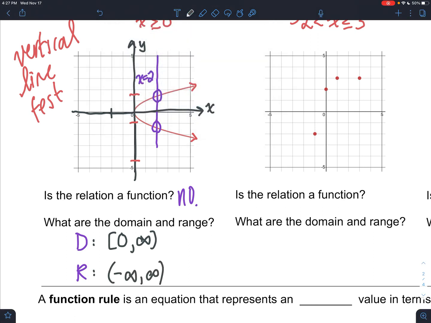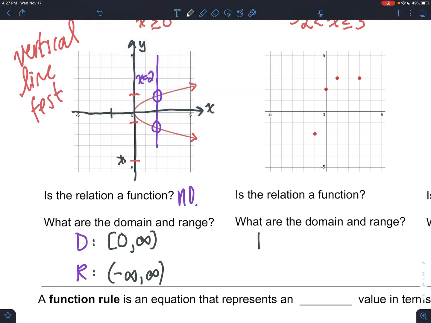It's everything. So we say -infinity to infinity. Because yeah, it is possible that you could hit the graph down here. It's possible to hit that tick mark if you make the graph long enough, right? If you make it long enough, it'll eventually hit that. So range is the y values, domain is the x values.